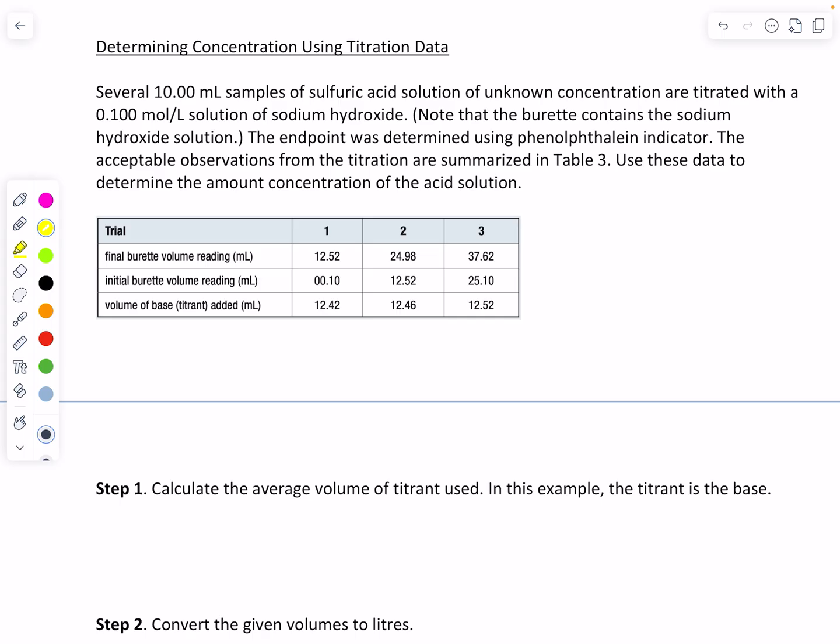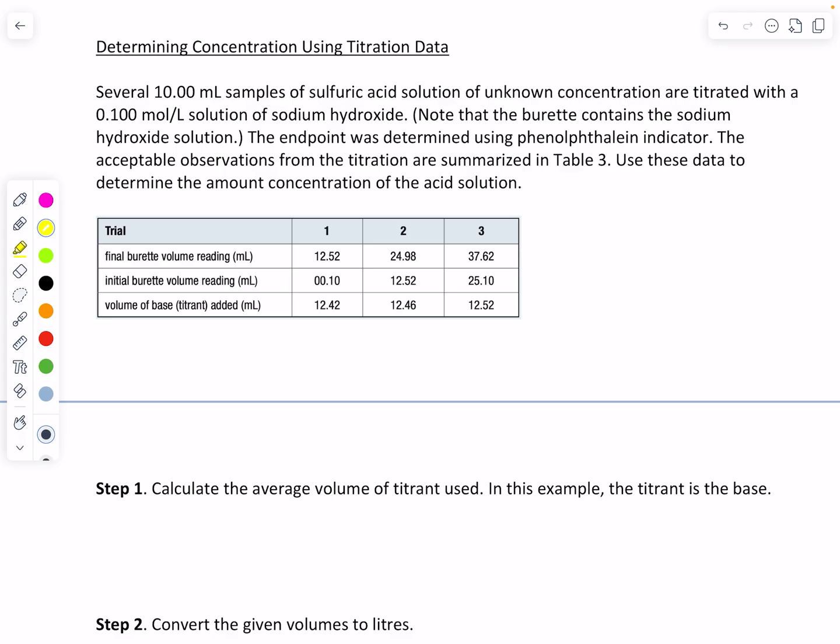Note that the burette contains the sodium hydroxide. The end point was determined using phenolphthalein indicator. The acceptable observations from the titration are summarized in Table 3. Use these data to determine the amount concentration of the acid in solution.